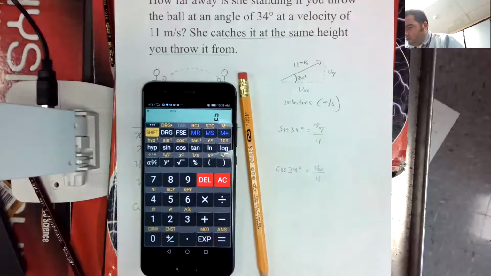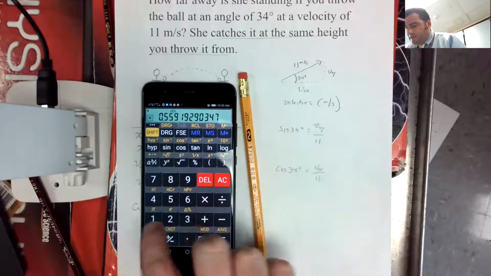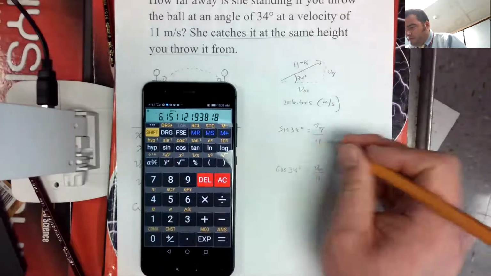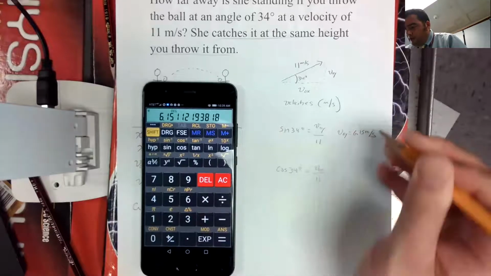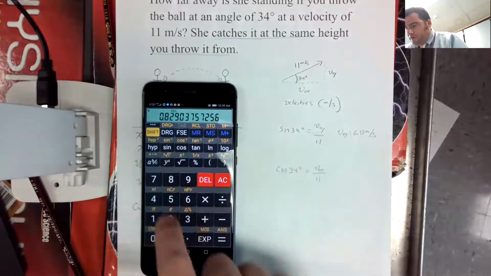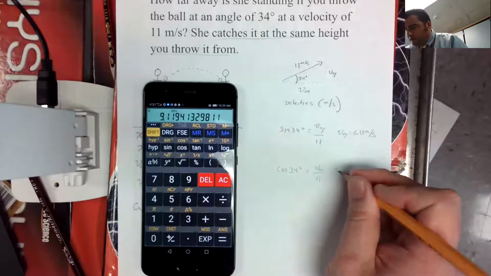So we've got 34 sine times 11. This is going to be 6.15. And this one is going to be 34 cos times 11. That's going to be 9.12.